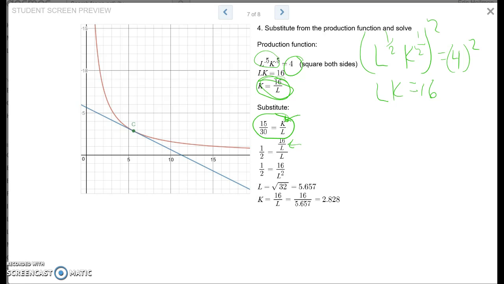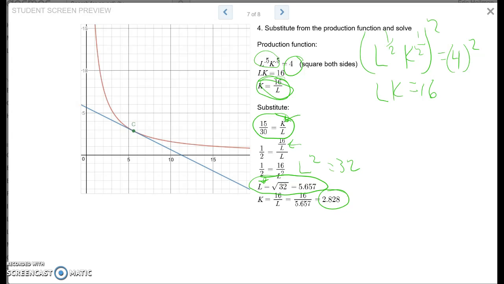And then cross multiply, you get L squared equals 32. And you take the square root of both sides, and you get that the optimal amount of labor to use in this situation is 5.657 units. And then once you have L, you can go back and substitute in, do 16 divided by L to get the optimal amount of capital. So that gives you the coordinates of point C.